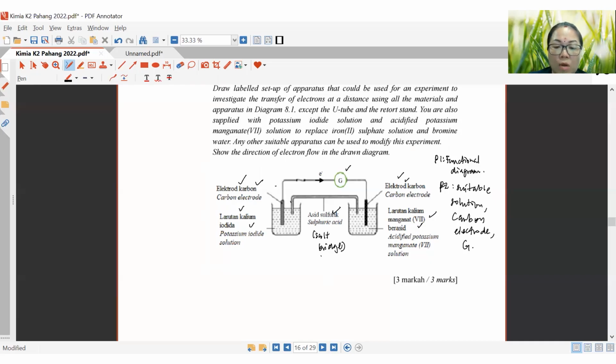Now what about point 3? Point 3, you need to show the electron flow, because there is one more instruction here. Sometimes we carry out the drawing and forget there is one more part of the question, that is showing the direction of electron flow. That will be your point 3. So that is how you secure your 3 points for this type of diagram.